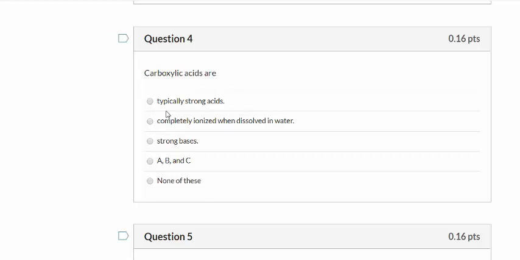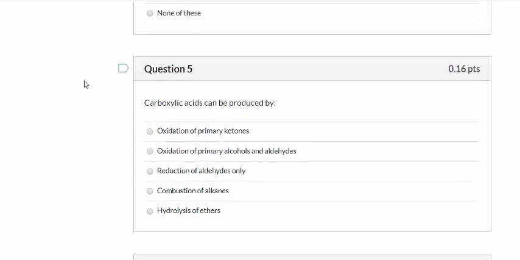And we eat carboxylic acids all the time. They're in preservatives, etc. So they're not strong. Do they completely ionize when dissolved in water? That's the definition of what a strong acid does. So that doesn't work either, because they're not strong. And obviously they're not bases. So we can eliminate several of those options.